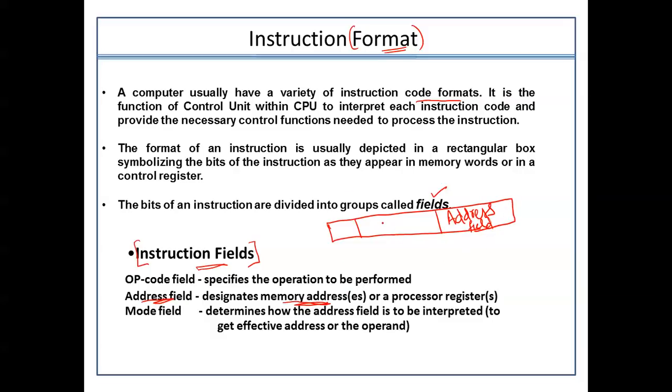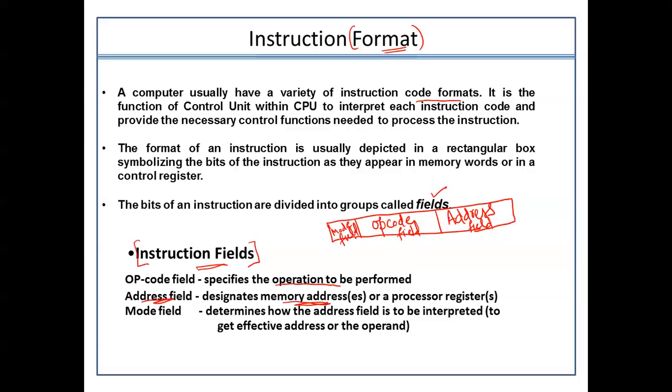The second field existing within the instruction format is the opcode field, which specifies the type of operation your instruction wants to perform. Then there is a third field, which we call the mode field.